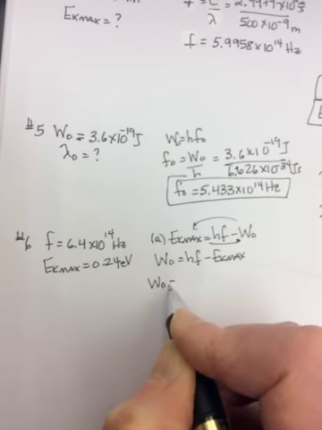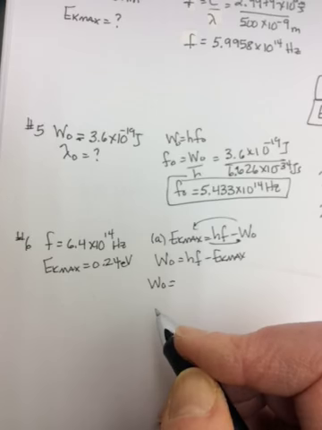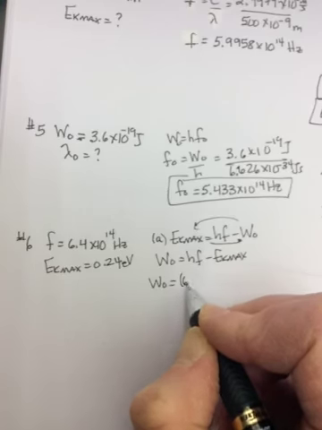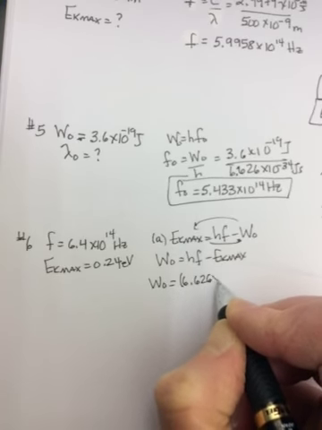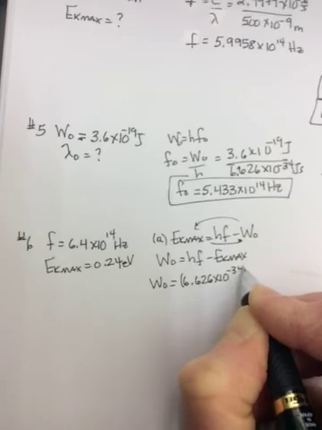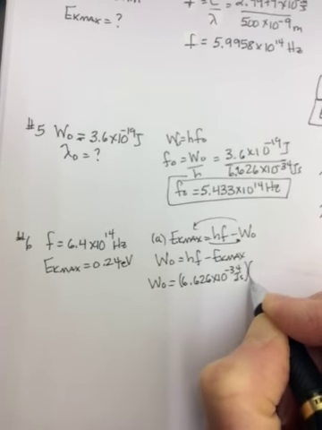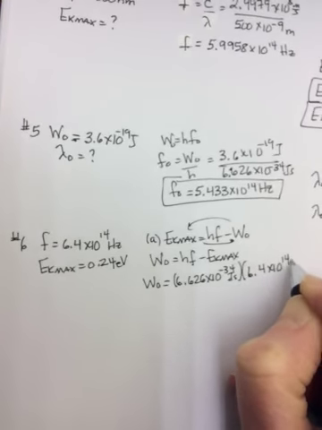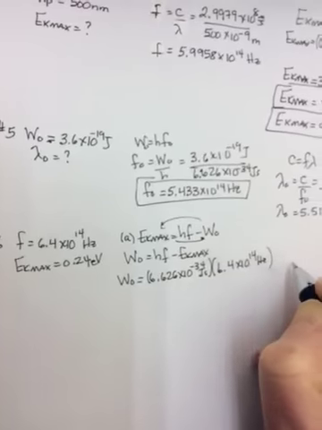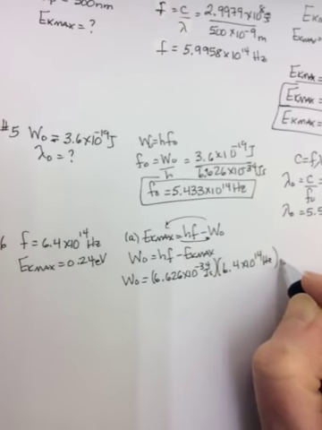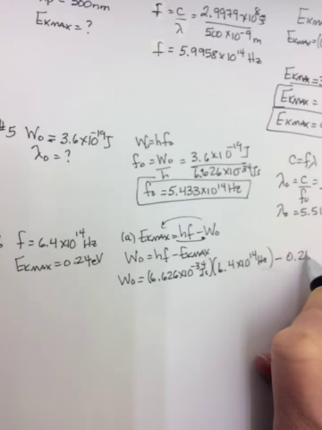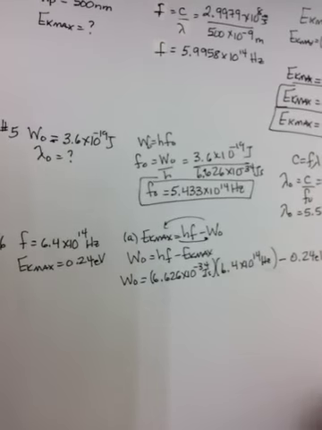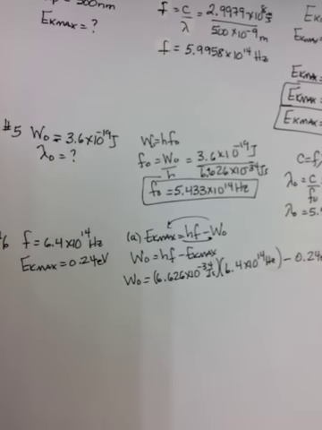So WO equals. Now it does not ask for the energy in electron volts, so you can find it in either one. So 6.626 times 10 to the negative 34 joule seconds, frequency 6.4 times 10 to the 14th hertz, and then EK max is 0.424 electron volts. Notice that one is in joules and the other is in electron volts.